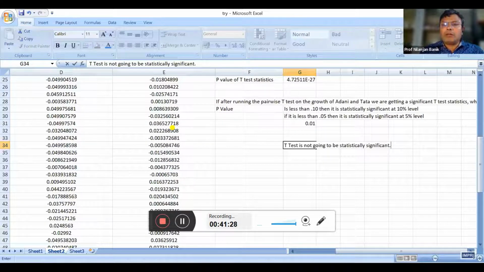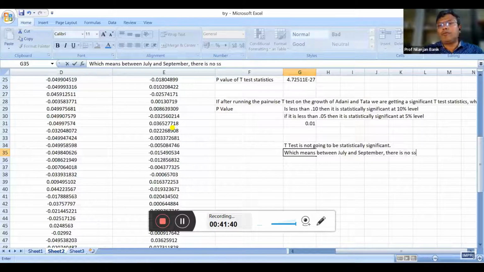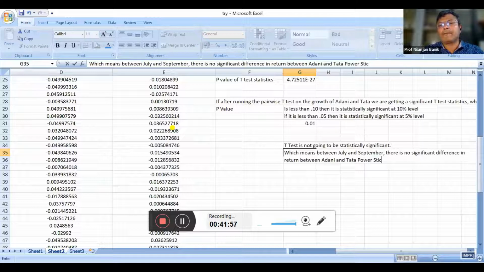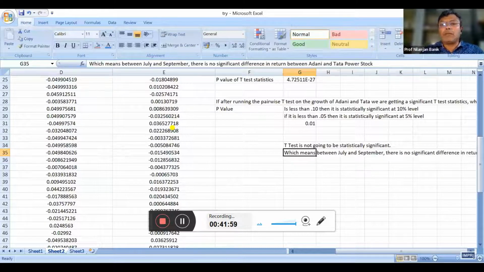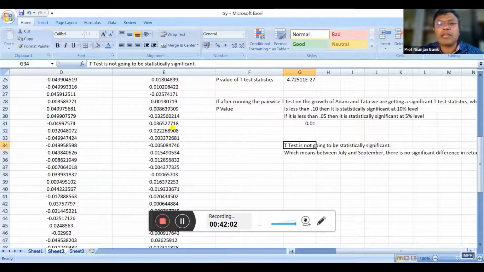Which means between July and September, there is no significant difference in return between Adani and Tata Power stock. Okay. Clear, guys? This is the result you should get.